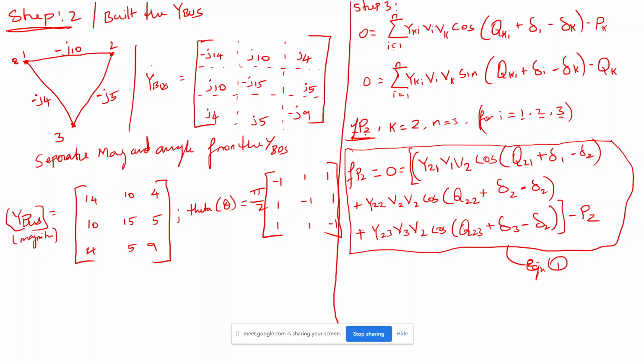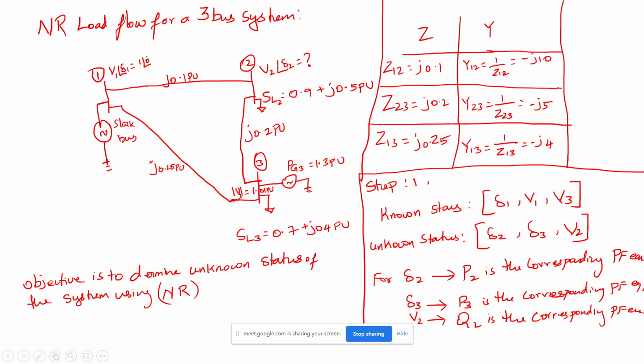From this, which variable are we going to find out? Which data are we going to find out from this equation? P2. So from P2, delta 2 is what we are going to find out, right?